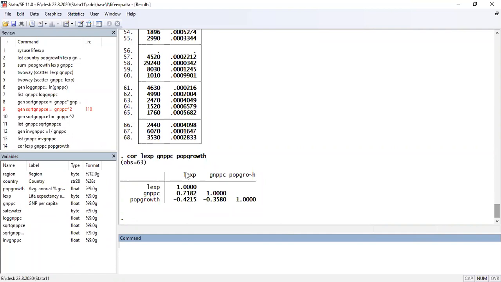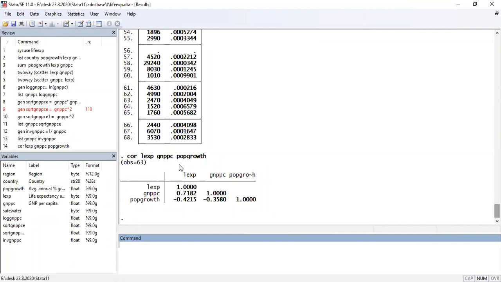Exactly. And between LEXP and population growth, here, it is minus 0.42. It's a negative linear relationship, but the relationship is not very strong.